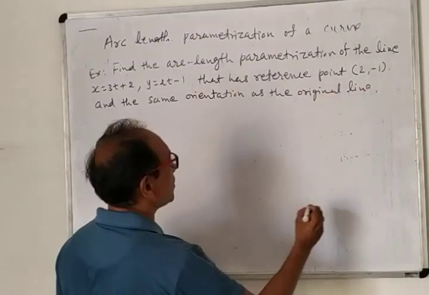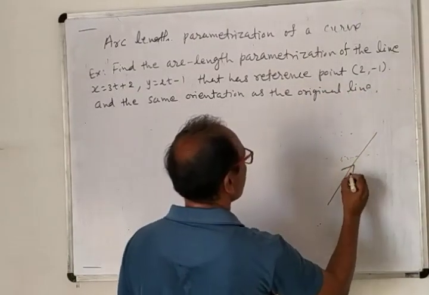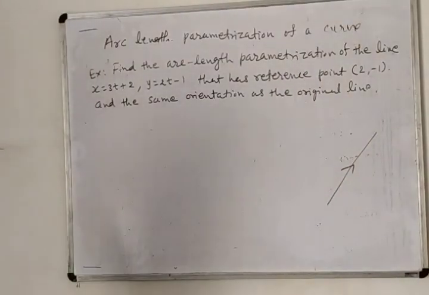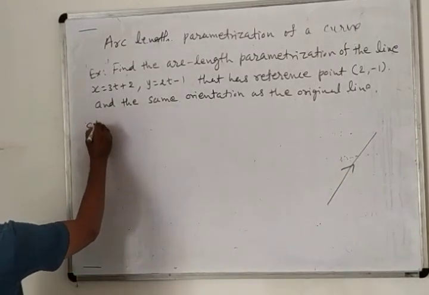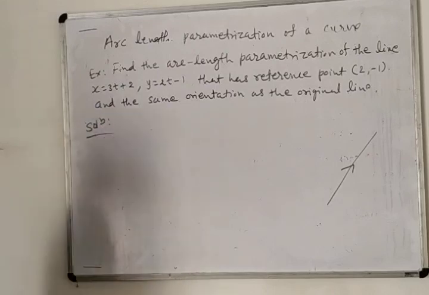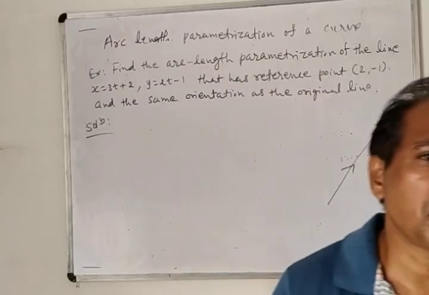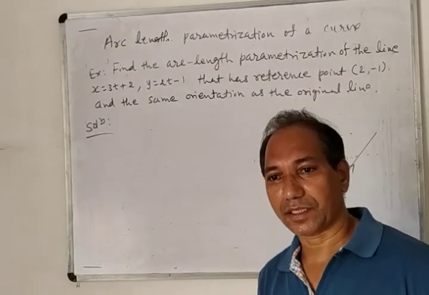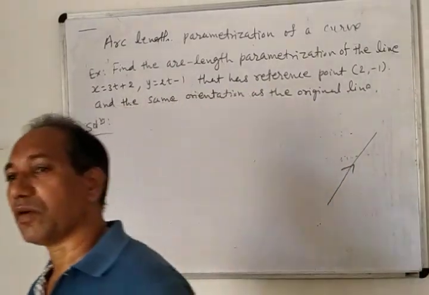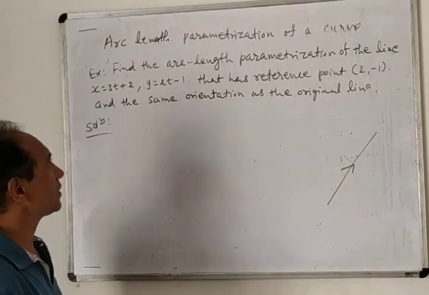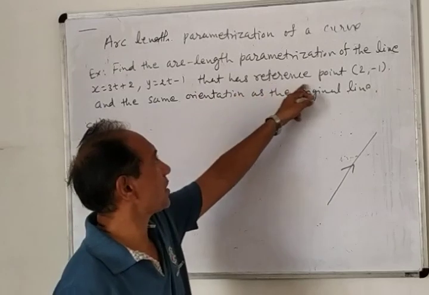The same orientation means what? If we consider the orientation of a straight line in this direction, then in the parameterization form also it will remain the same. So the solution is very simple. Our target is to find the arc length s in terms of t. That means in the integration, the lower limit will be t0 and the upper limit is t. t we will keep as it is, and t0 has some value corresponding to the reference point.